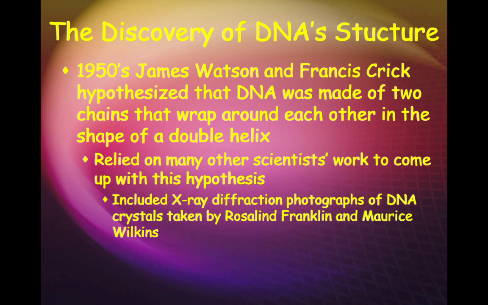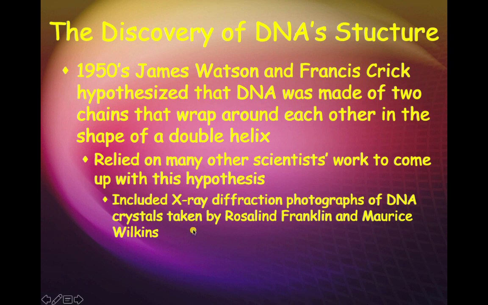Now, in the 1950s, the actual structure of DNA was discovered by two scientists, James Watson and Francis Crick. They made a hypothesis that DNA was made of these two chains that wrapped around each other. Now, they used a lot of other scientists' work to come up with that hypothesis, mainly Rosalind Franklin and Maurice Wilkins.